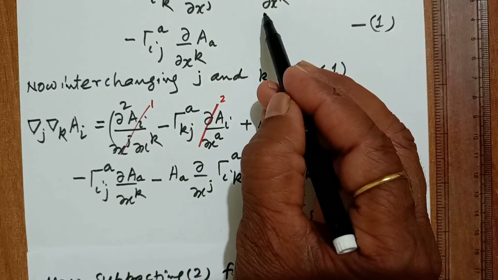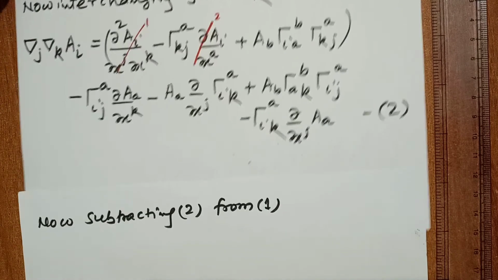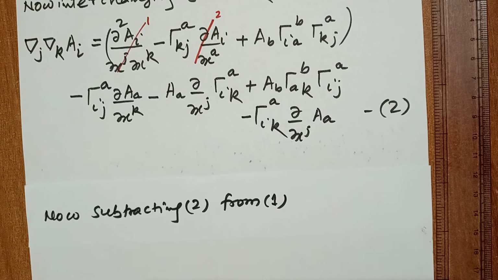On subtracting 2 from 1, we get a_ijk minus a_ikj.